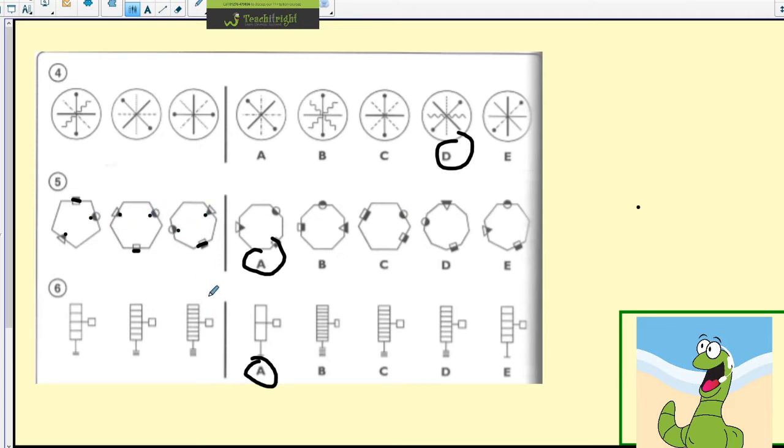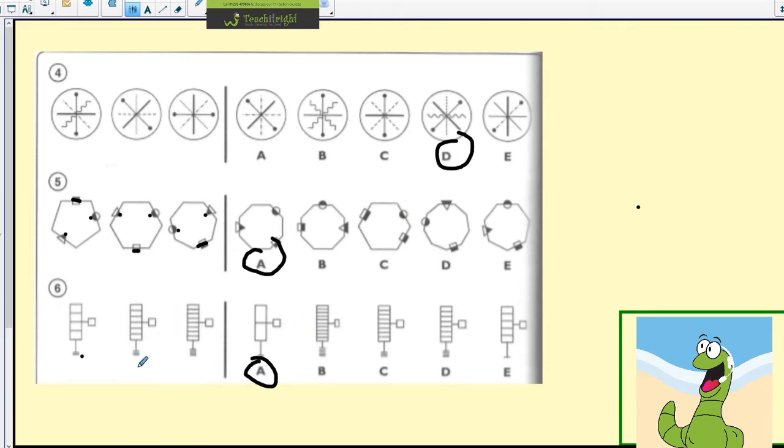And that's your pattern. And for number 6, each figure on the left consists of a rectangle divided into equal sections, with a small square jutting out to the right connected by a short line. At the base of the rectangle, there are horizontal lines equal to half the number of sections. So if it's been divided into 4, you need to have 4 lines, divided into 5, 5 lines, 6, and so on.